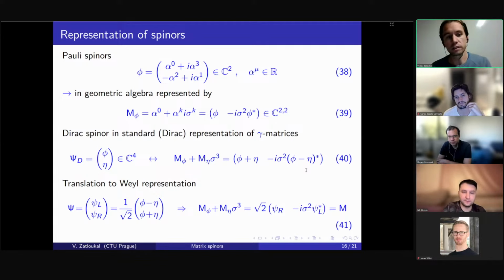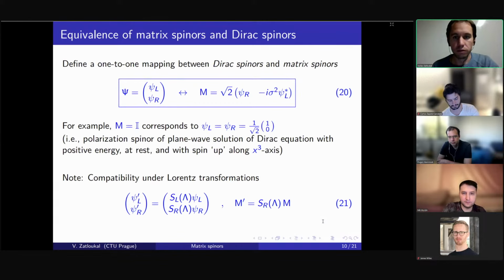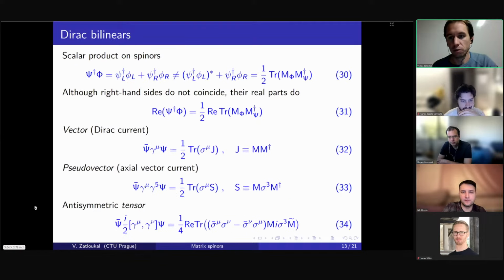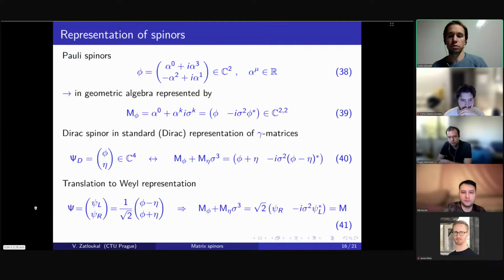And now if we translate it to the Weyl representation of gamma matrices, the wave functions are related like this, and what we get from 40 is exactly the matrix spinor, or what I call matrix spinor, from the definition 20. So in this sense, everything is compatible with the approach of geometric algebra.